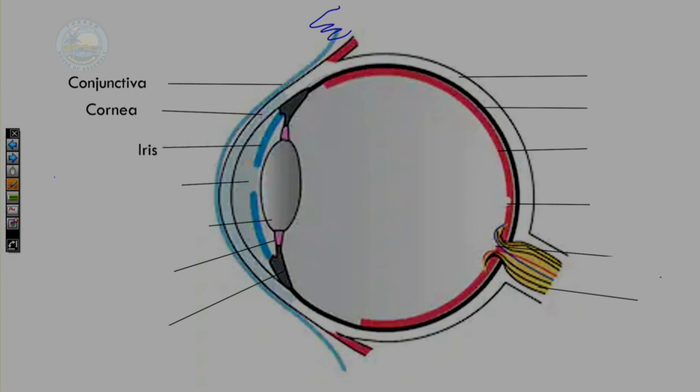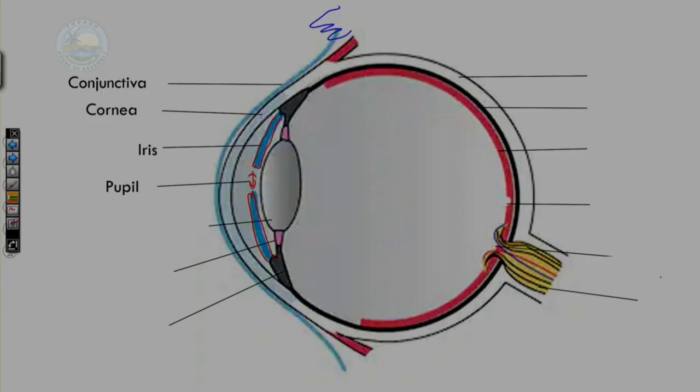Next is the iris. The iris is this bit of muscle here, and you have two. The function of the iris is to control the amount of light entering into the eye. The space between the two sides of the iris is what is called the pupil.